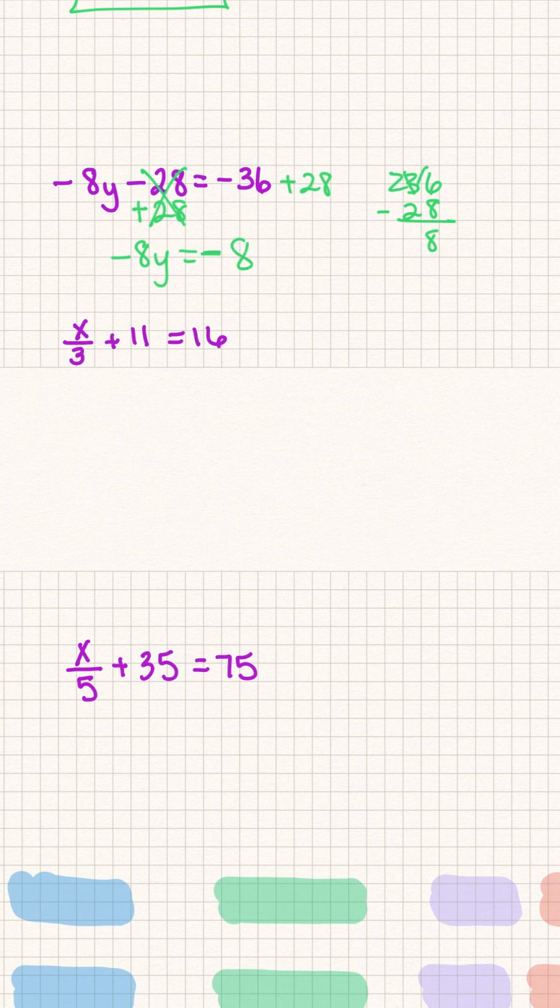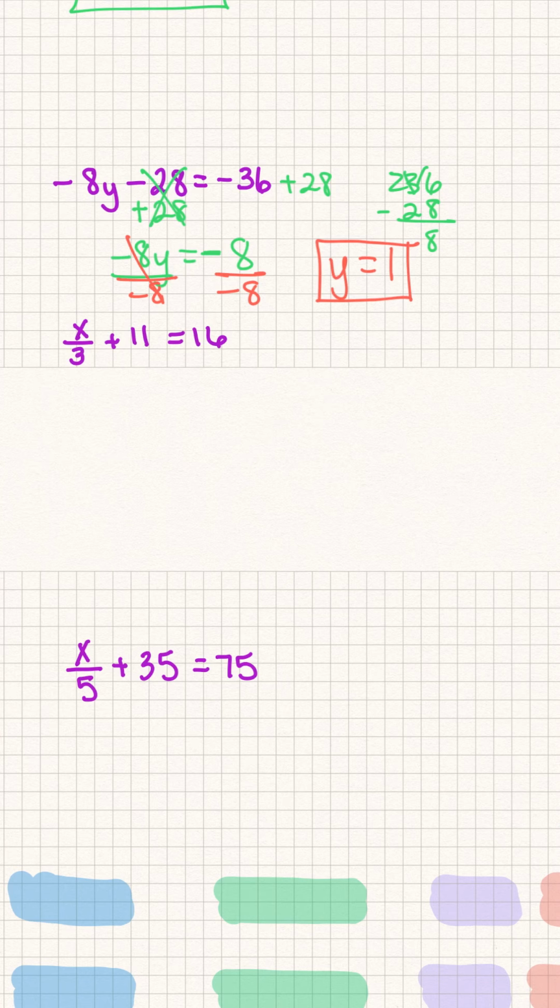That's going to equal 8. Negative 8 times y, we want to divide. Whatever we do to one side, we need to do to the other. Those equal 1, so then it equals y. Negative 8 divided by negative 8 equals a positive 1.